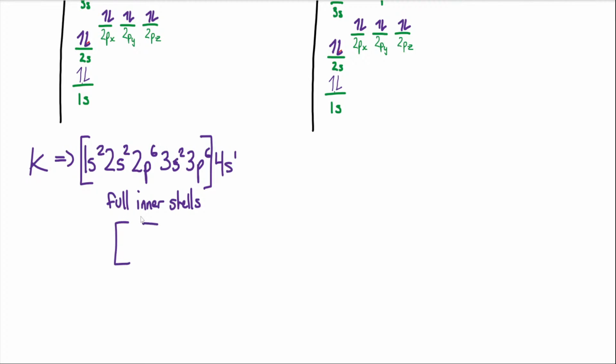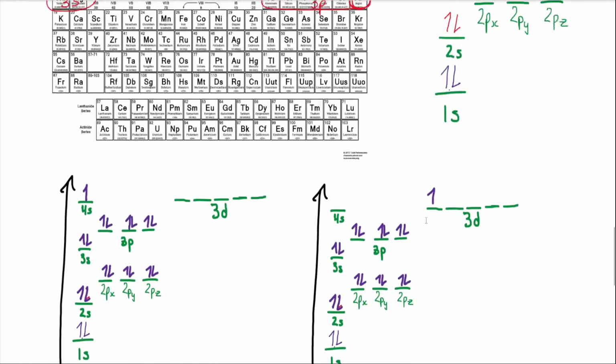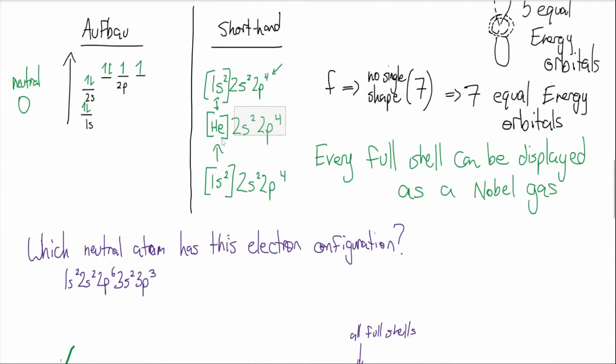Yes, exactly. So you put the full inner shells and then you just show me the valence. So here, how come I didn't just put 2p4? How come the 2s2 is there as well? What determines valence? It's not about the last subshell you're in. It's not the outer subshell.